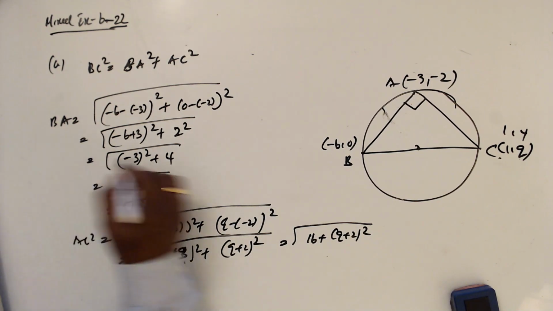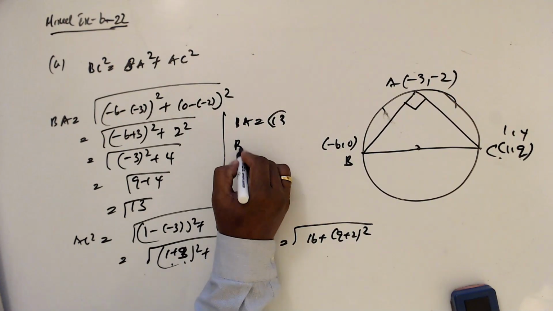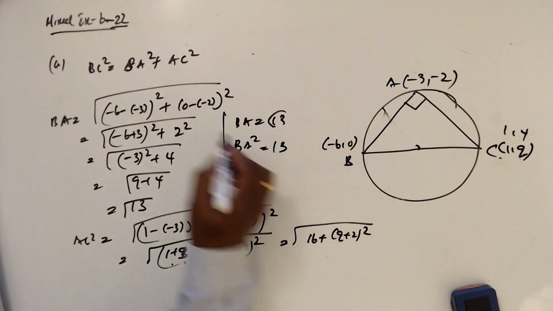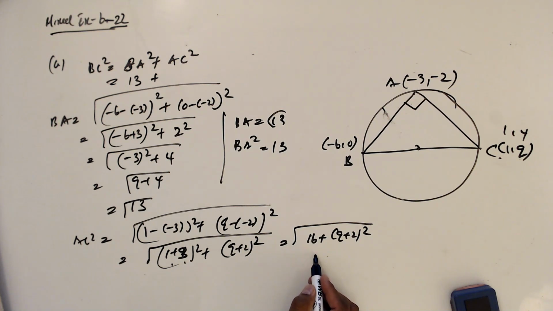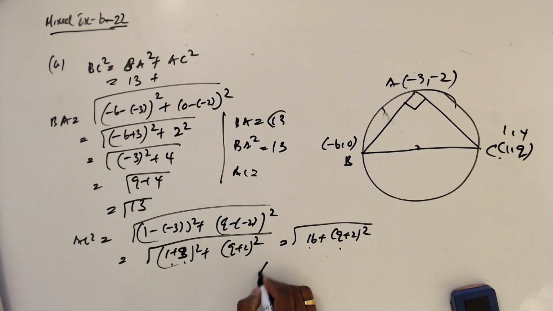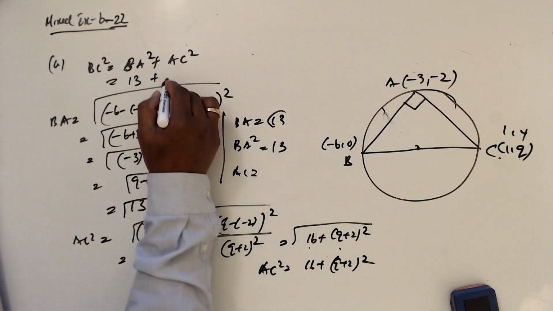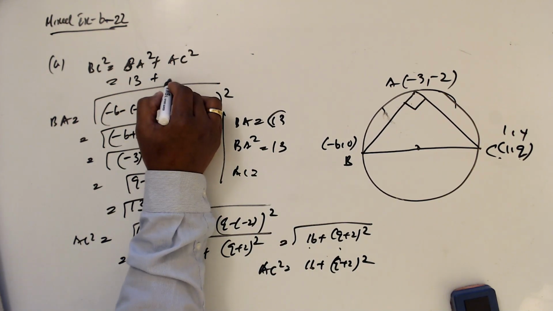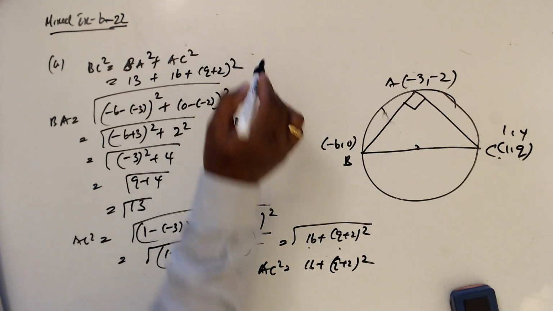Now BA is the square root of 13, so BA squared is 13. And AC squared is 16 plus (q plus 2) squared.